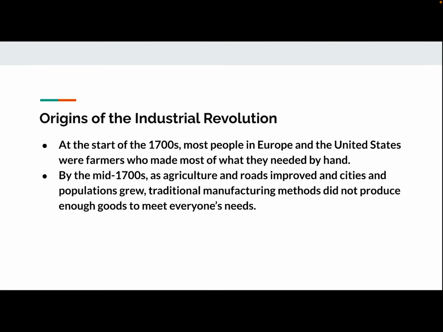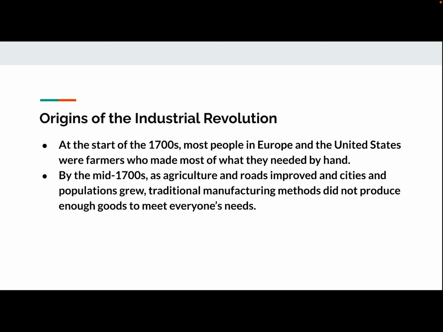By the mid 1700s, we see agriculture improving, roads improving, and cities and populations growing. Think back to the fall, when we talked about how the colonies started growing and becoming larger, especially Boston or New York. Cities started becoming more popular.